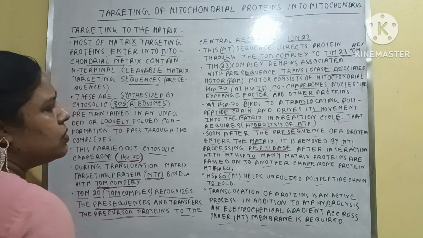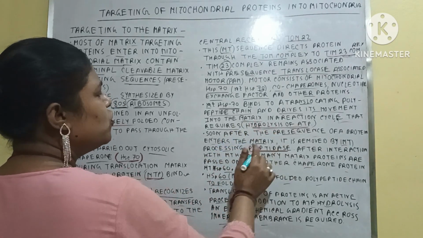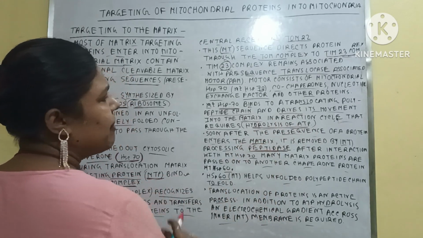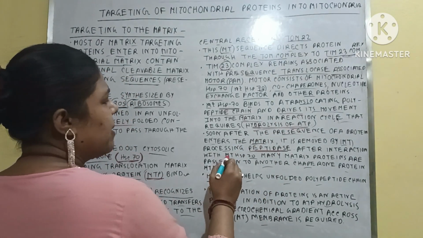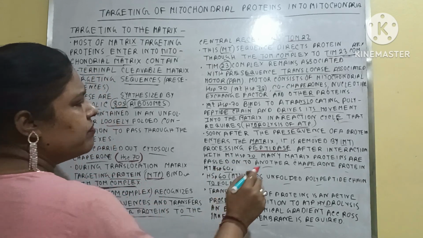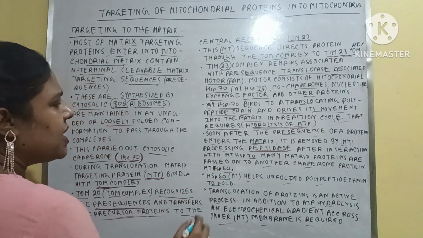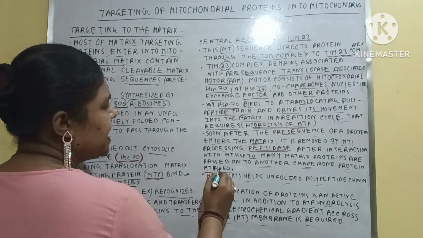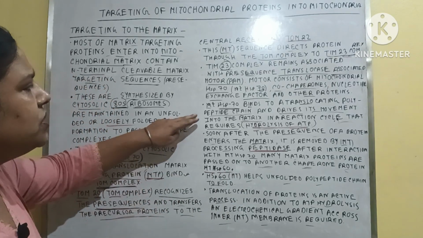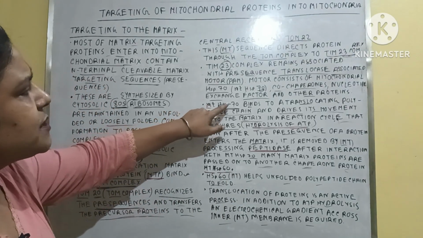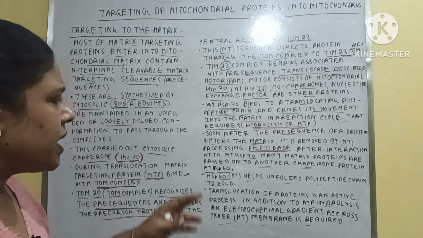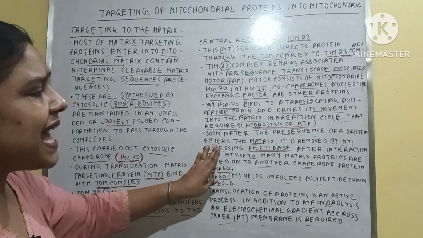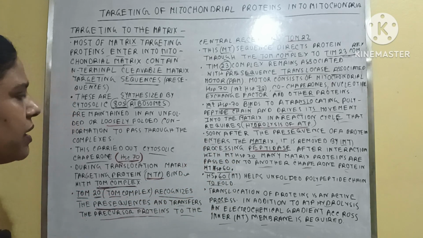Then the empty HSP70 and many matrix proteins are passed on to another chaperone protein, called HSP60. Up to this point we see the role of HSP70, but after that the mitochondrial HSP60 plays an important role.